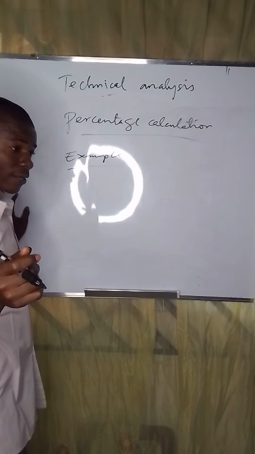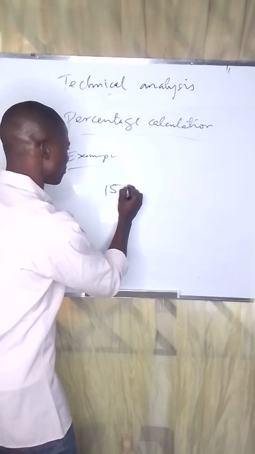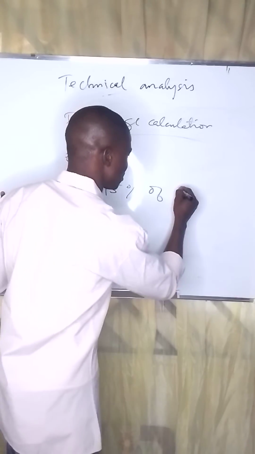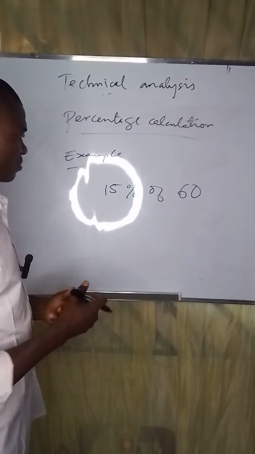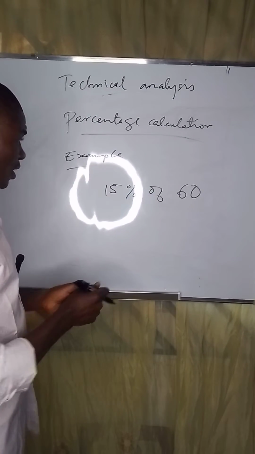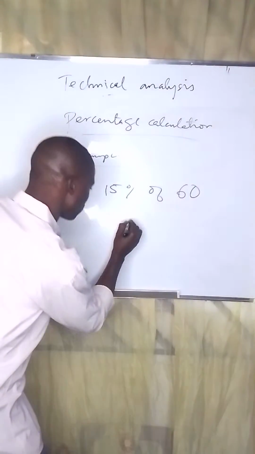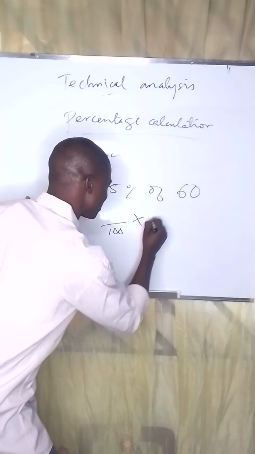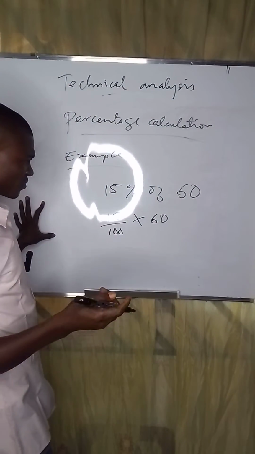If you are asked to find 15% of 60, it simply means 15 over 100, because percentage is over 100, and in mathematics, of means times. So times 60.